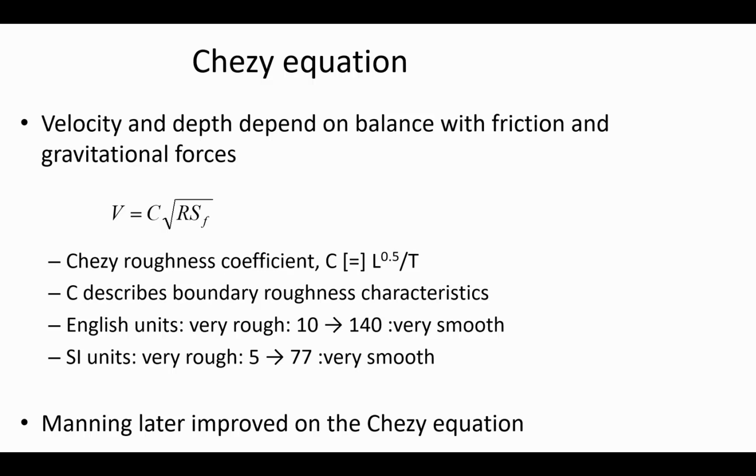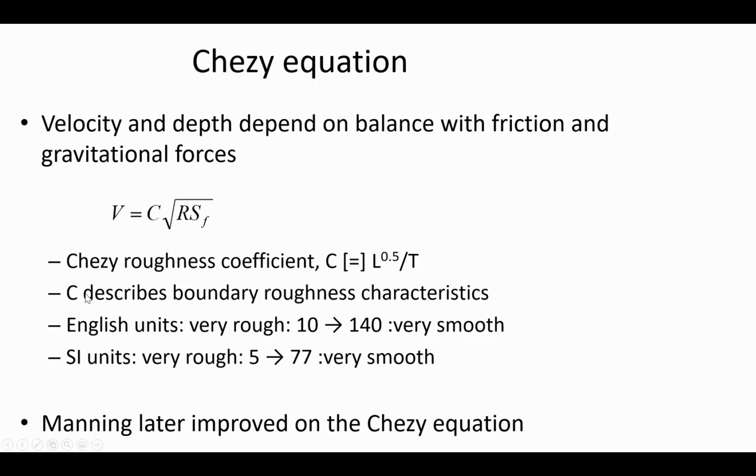So the Chezy equation relates a roughness coefficient C to the velocity that would be predicted as water flows through a pipe. A lower C value would be considered rough, and a higher C value would be considered smooth, so that if you have a smooth pipe, then water is going to flow at a higher velocity through that smooth pipe. That's what the Chezy equation assumes.